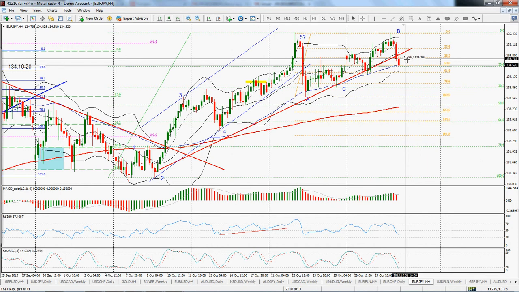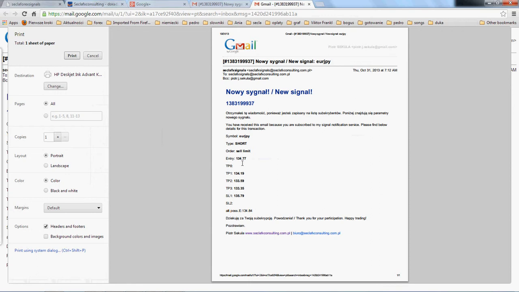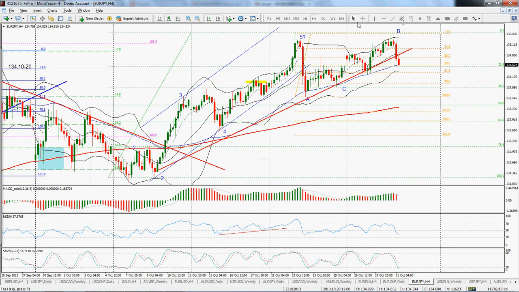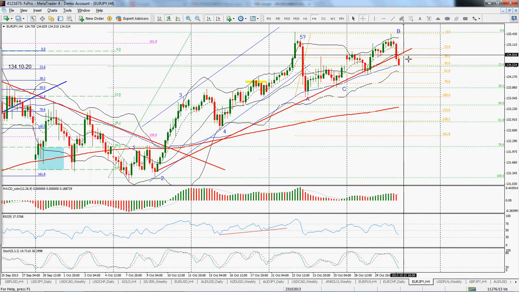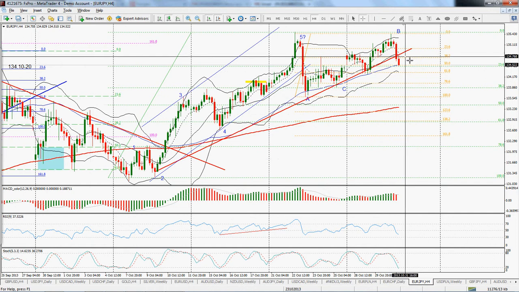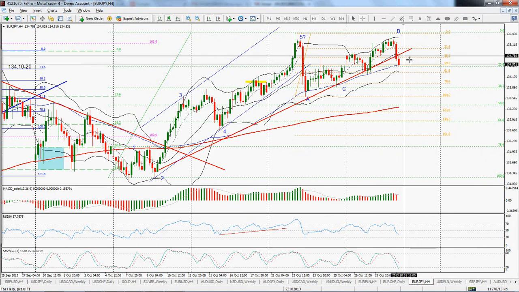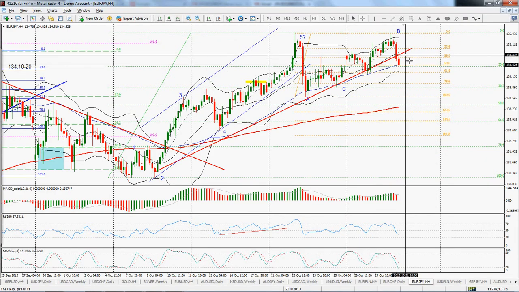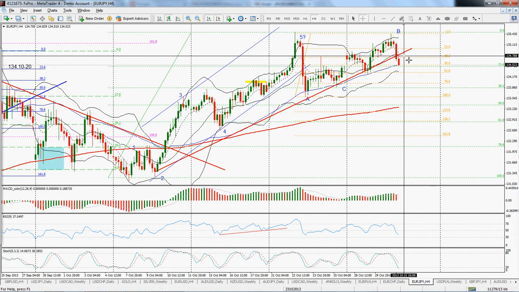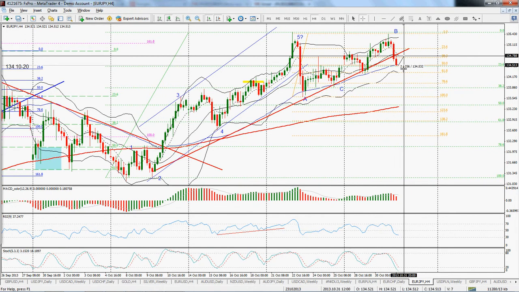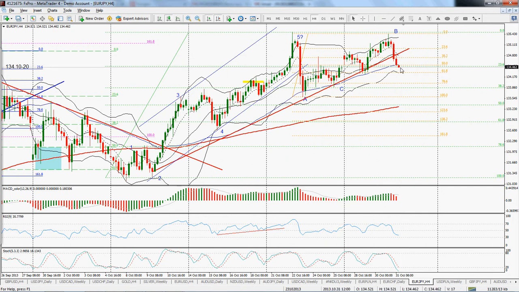But in that case, based on my experience and my analysis, I thought it was possible that we would go up to this point and have a better entry price. And that was indeed the case. 134.77. This 84 wasn't reached, but this 77 was. So you could have entered this position, and this position is now developing, as you can see.